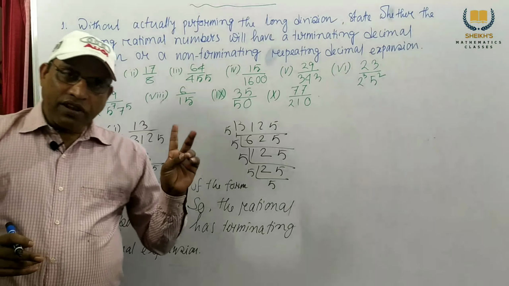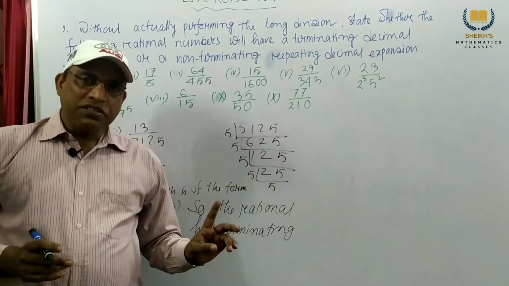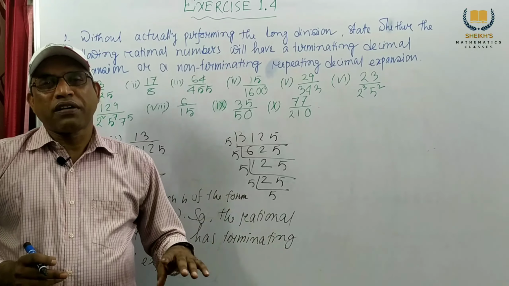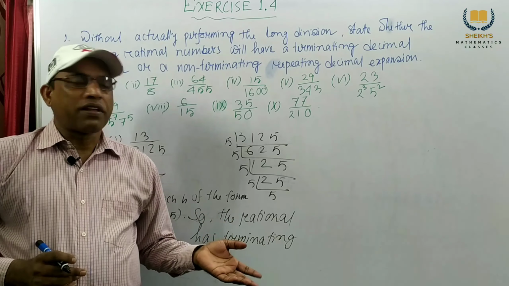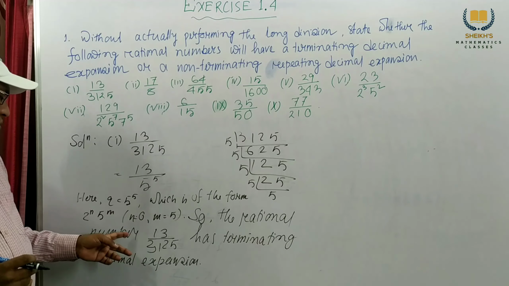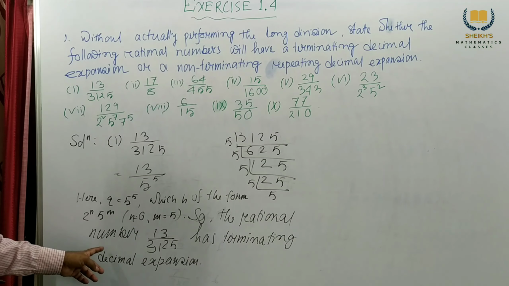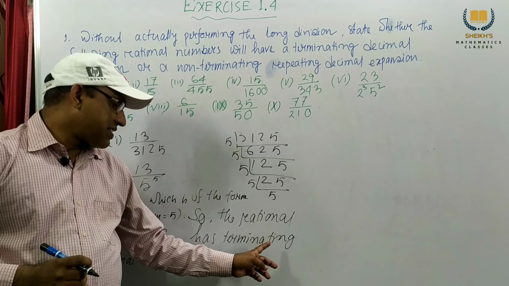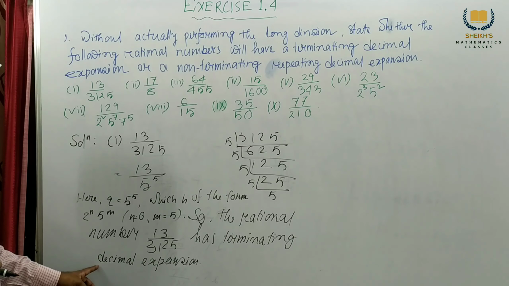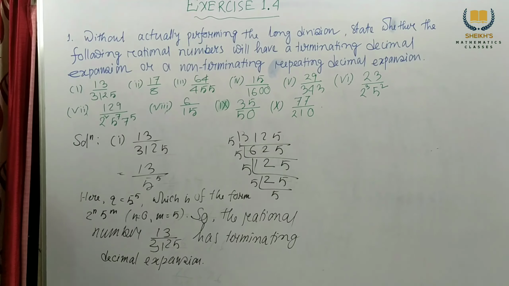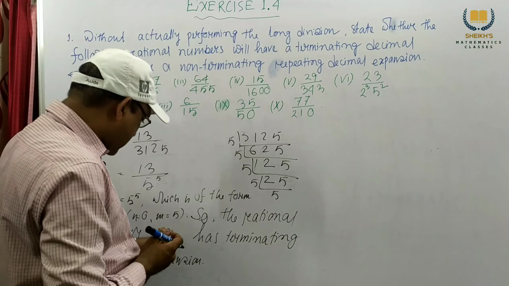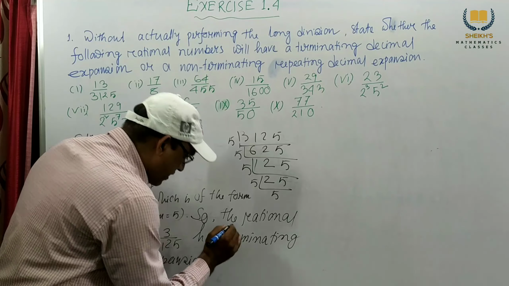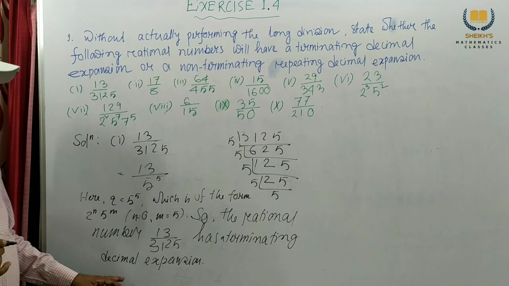If the denominator is either 2 to the power something or 5 to the power something, or both 2 to the power m and 5 to the power n, then this is terminating. So this has a terminating decimal expansion.